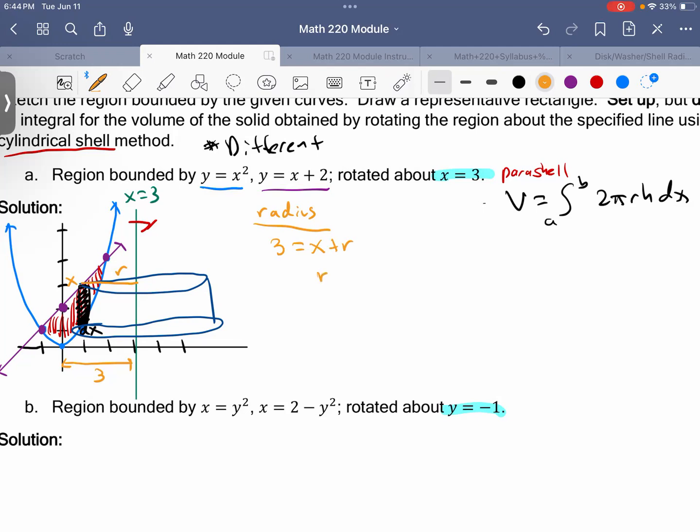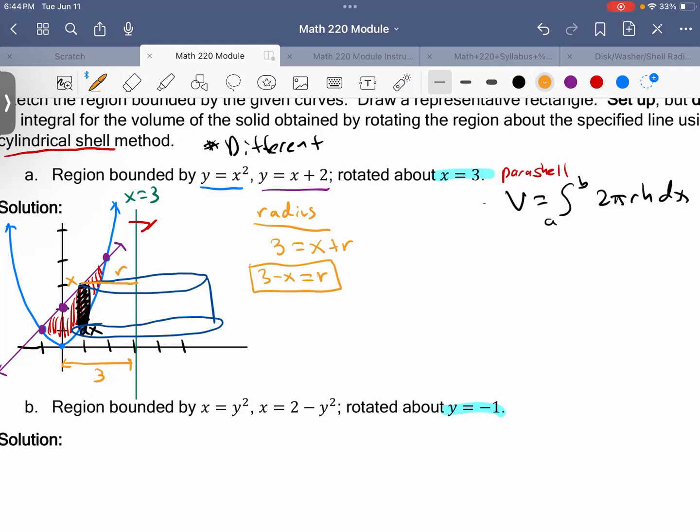So r equals 3 minus x. Okay, so that is the radius.